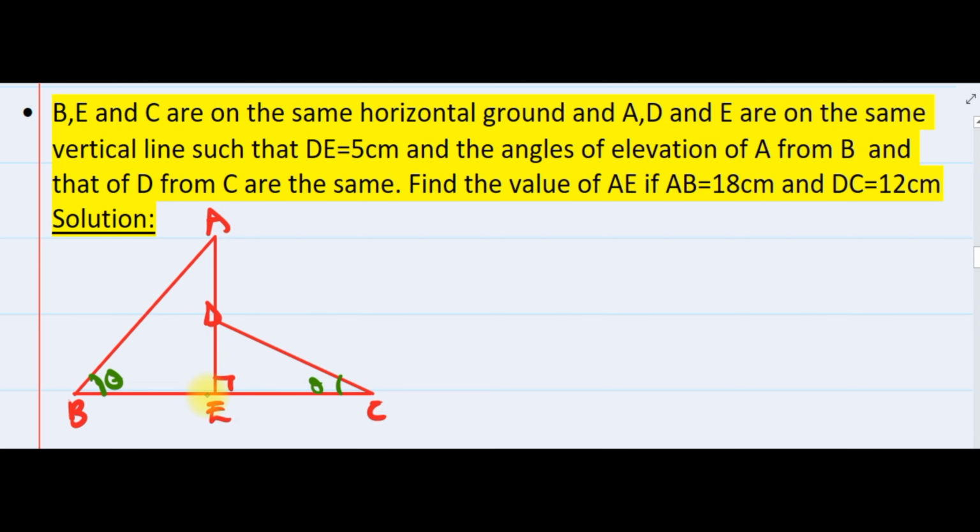And they say DE is 5 cm. Then we are asked to find AE.